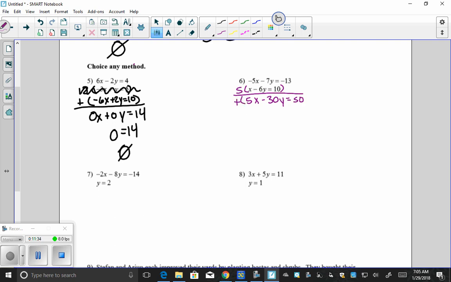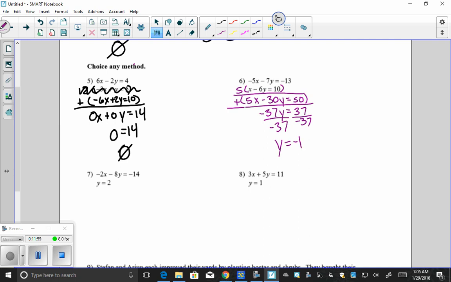Opposite signs, I'm going to add. Negative 5x plus 5x is 0x. Don't have to write it. Negative 7y plus negative 30y equals negative 37y equals 37. Divide both sides by negative 37, and you get y equals negative 1.